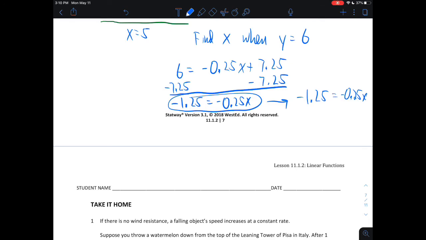It's multiplication. What's the opposite of multiplication? Division. So I'm going to divide both sides by negative 0.25. So negative 1.25 divided by negative 0.25, and what do you get? 5, which you know has to be the right answer.